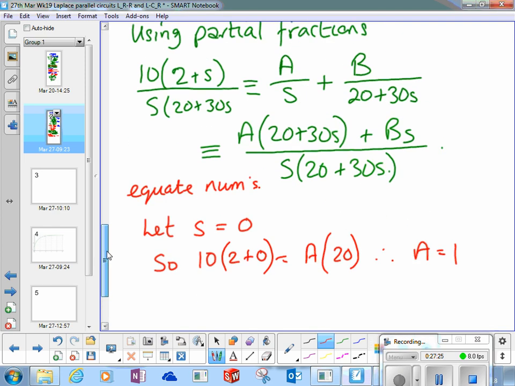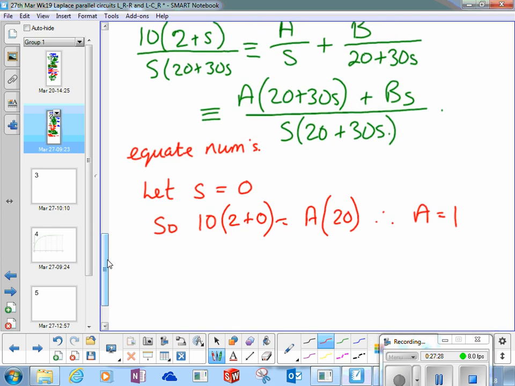So, what do we let s equal for this bit to be nothing?